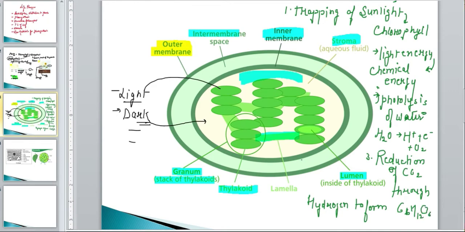So these are the points. This is the first point. The second one we can label from here. And this is the third point. I can show you through the different colors so that you can have a better look here.